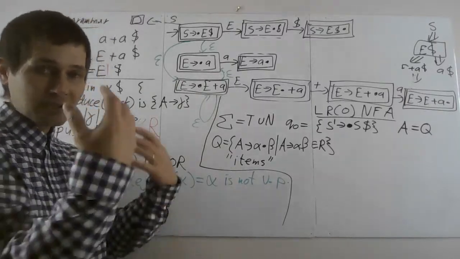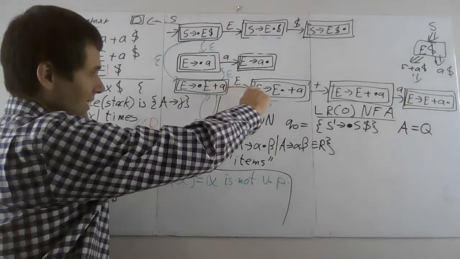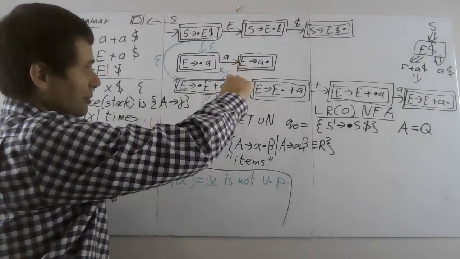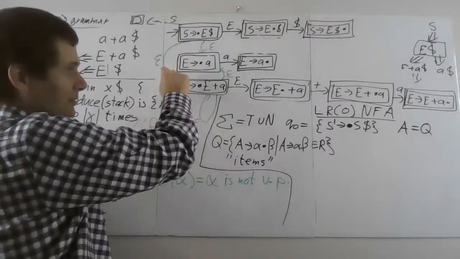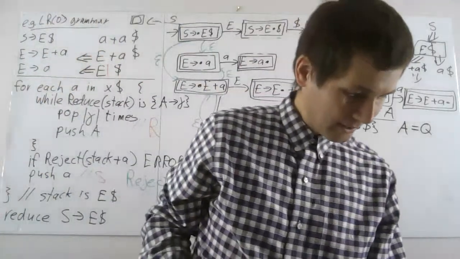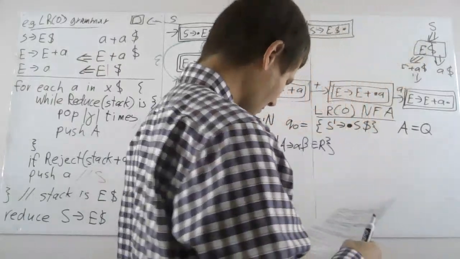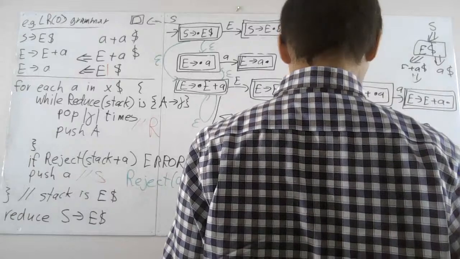But for the general construction, because there's this edge on an E, you would have epsilon transitions to the beginning of any sequence of states that's expanding E. Okay, and let me write that down in general.